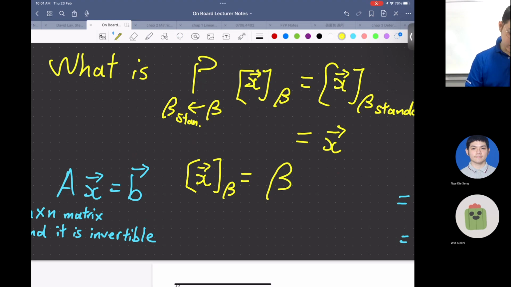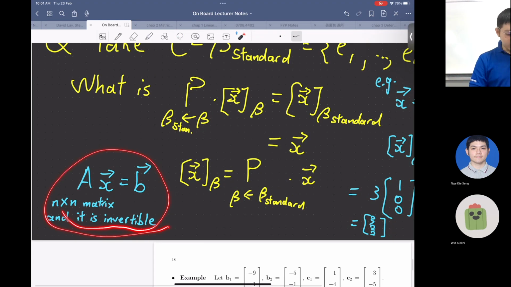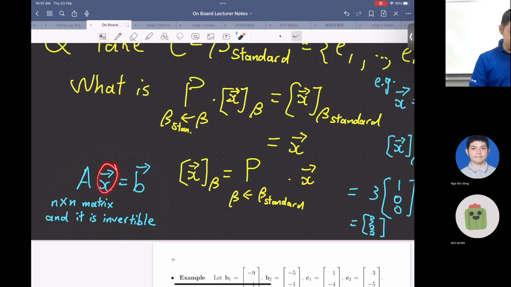So we change the direction of the arrow, making it B standard to B times X. So what you really do is you want to solve for the solution. Actually, the solution is what you have for these vectors here in a different basis. In the same words, but expressed in a different basis.